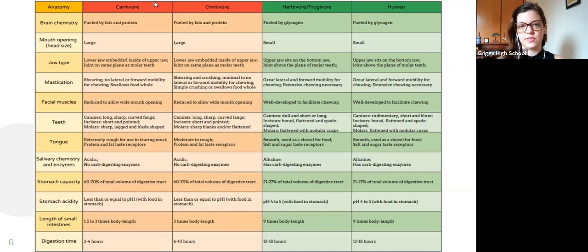First, let's just see what animals are considered carnivore. What are the animals? Let's think about mammals. Okay, let's stay in the category of mammals. What animals are carnivores?